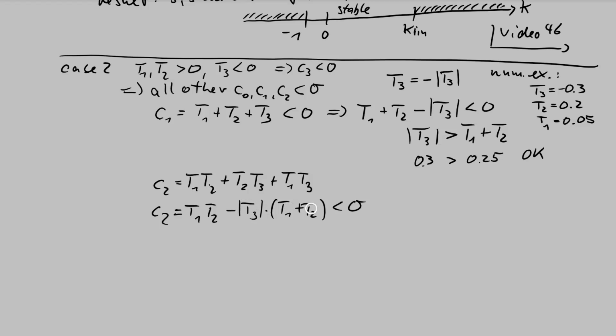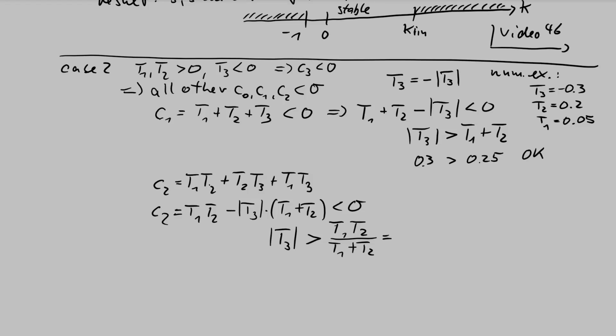Now I bring this on the right side and divide by this. This is positive. Then T3 magnitude, the absolute value of T3, must be larger than T1, T2 product divided by T1 plus T2, the sum of those time constants.